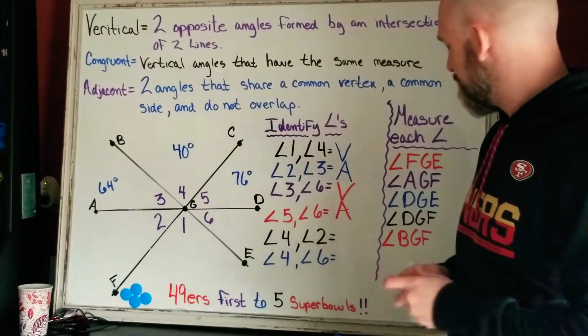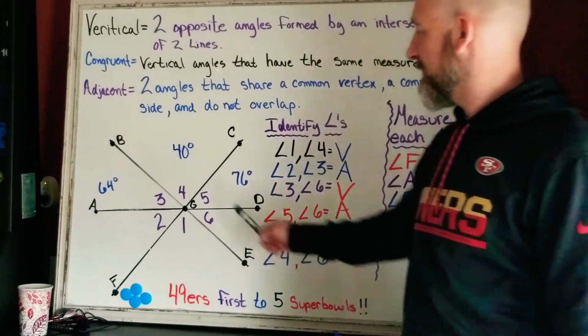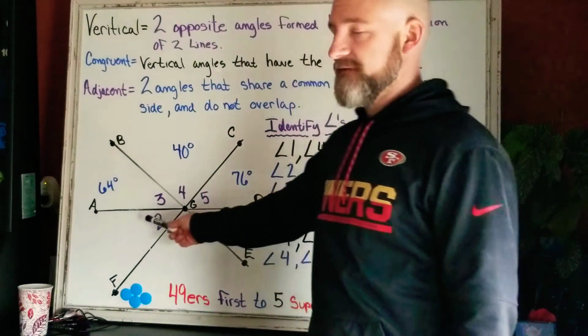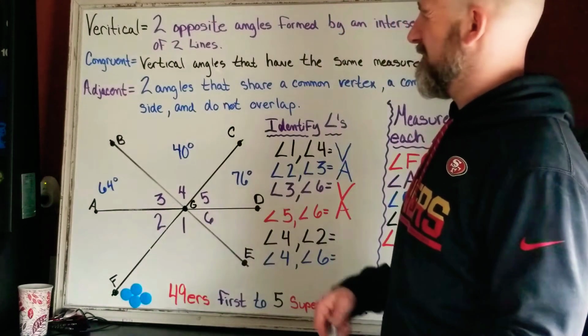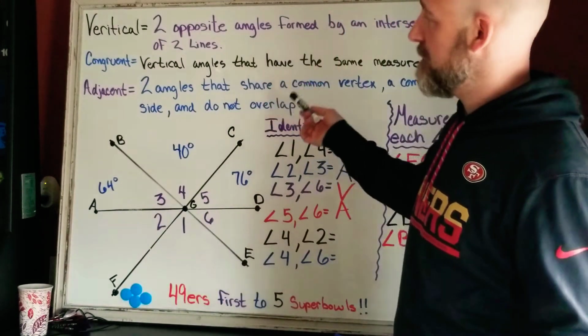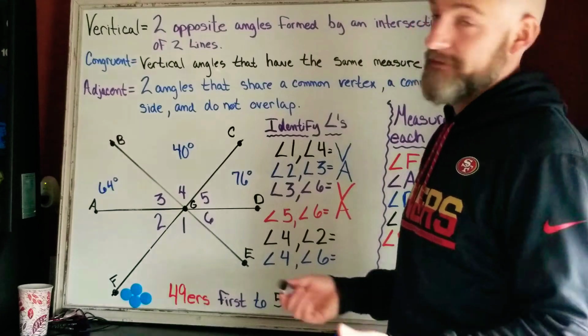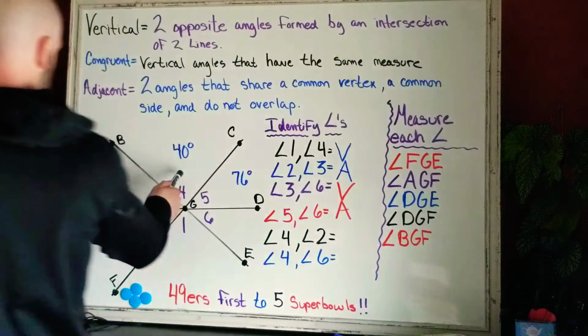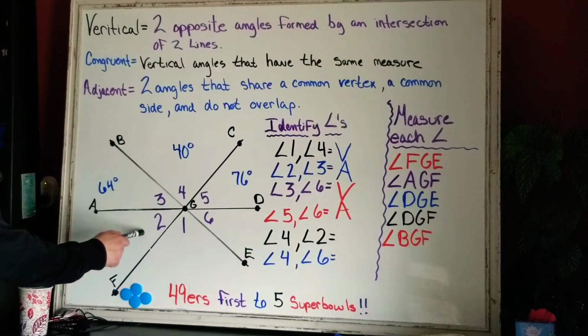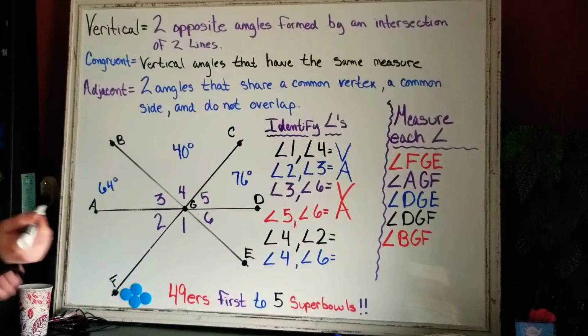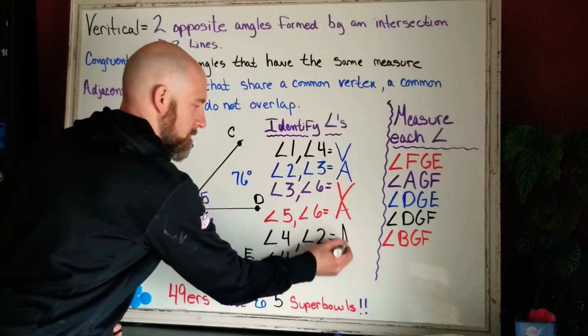What about angles 4 and 2? So we have angle 4 and we have angle 2. Is it vertical from one another? Are they adjacent? Or are they neither? If you look, they're not opposite and they're not touching, so we're going to put neither, an N for neither.